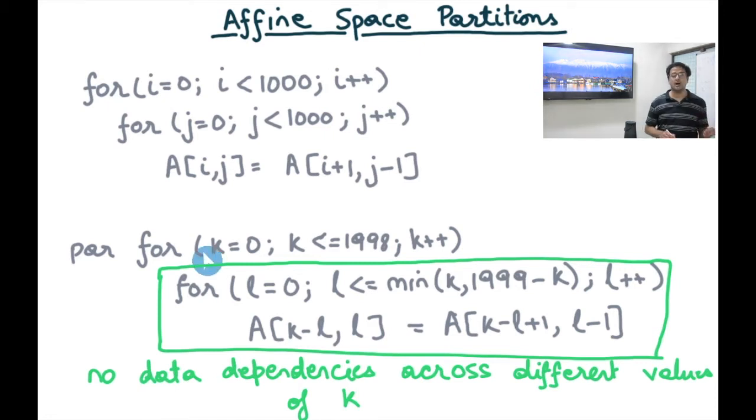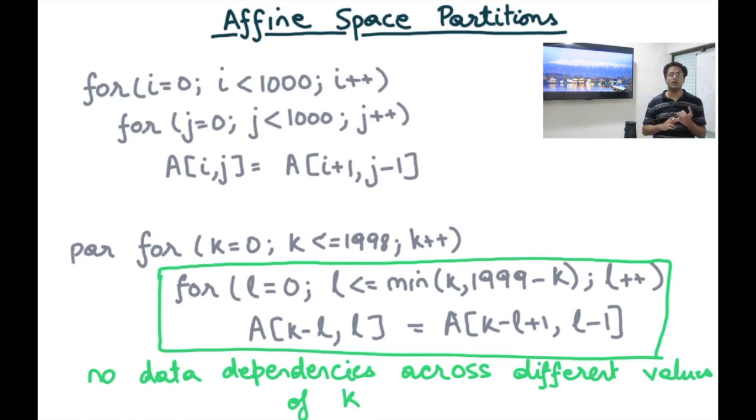Different iterations of the outer loop will have distinct values of k, for example k equals 0 versus k equals 1, or k equals 10 versus k equals 100. I can prove that if k is not equal to k prime, then the two bodies will always access different locations, or in other words, there will be no data dependency.